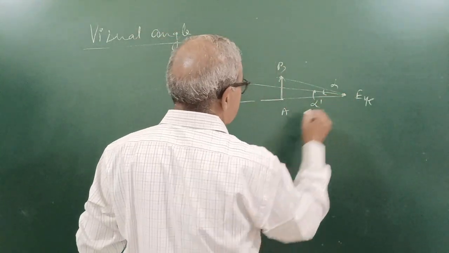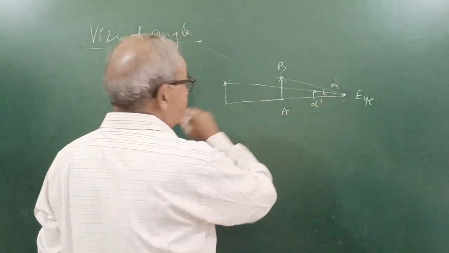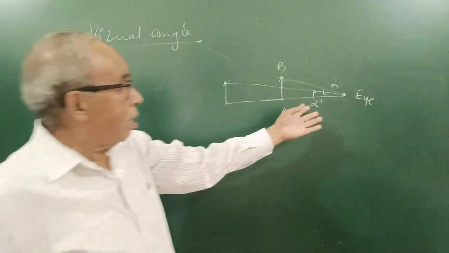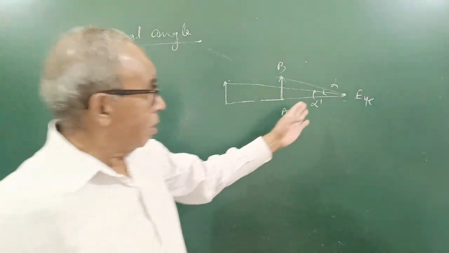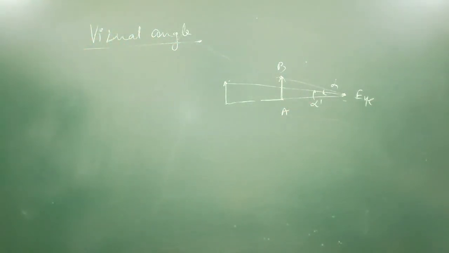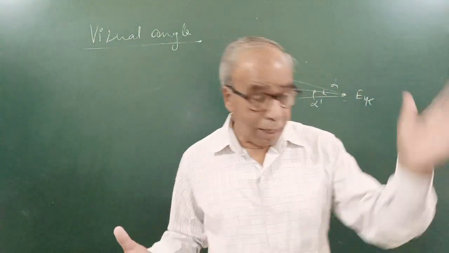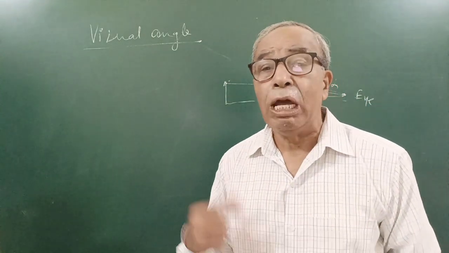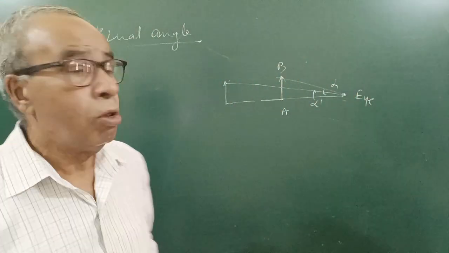This alpha dash is smaller than alpha because the distance has increased. So, the smaller the visual angle, the smaller will be the apparent size of the object. Apparent means what we are feeling; the value of anything which we feel is called its apparent value.